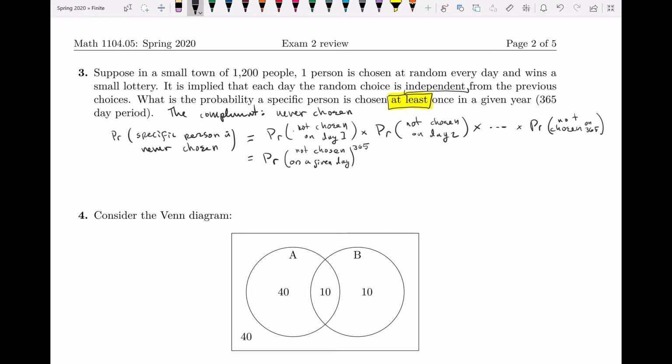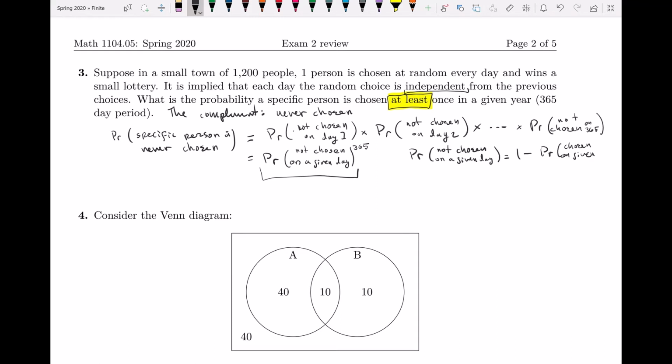Alright, so what we need to do is figure out what the probability of them not being chosen on a given day is. Well, it's 1 minus the probability of them being chosen. So probability not chosen on a given day equals 1 minus the probability that they are chosen on a given day.